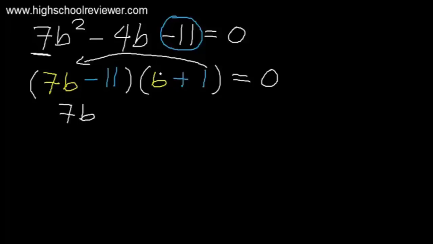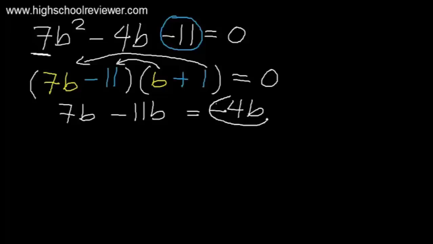And then our inside terms, we have b multiplied by negative 11. This is negative 11b. So 7b minus 11b is equal to negative 4b. So our negative 4b is equal to our second term. So therefore, these are the final factors that we are going to use.